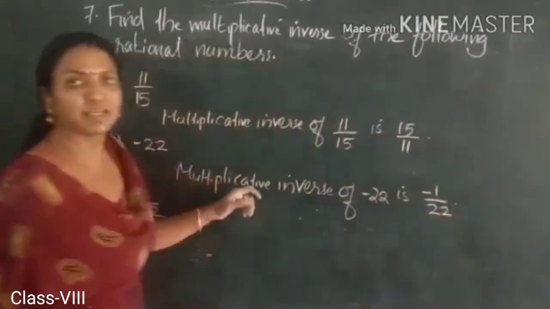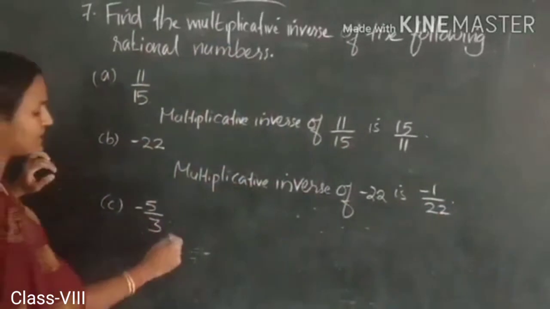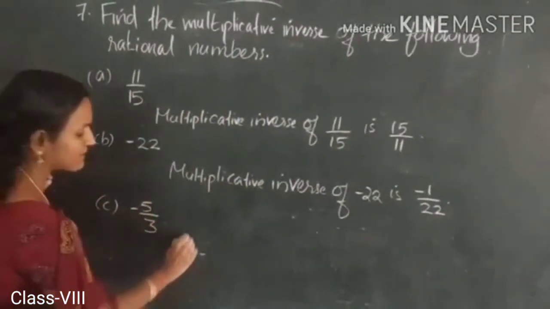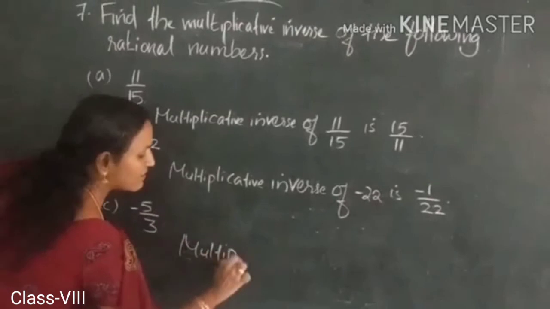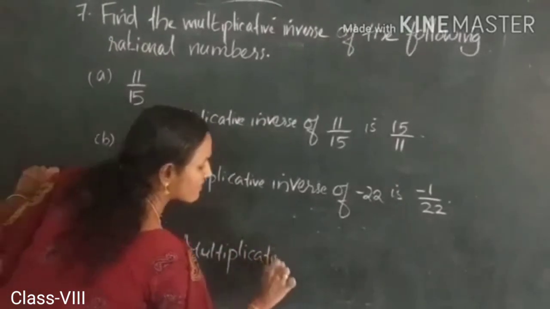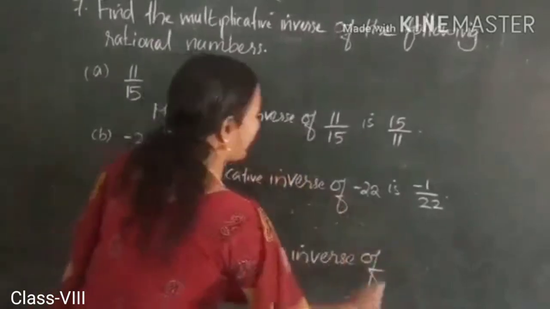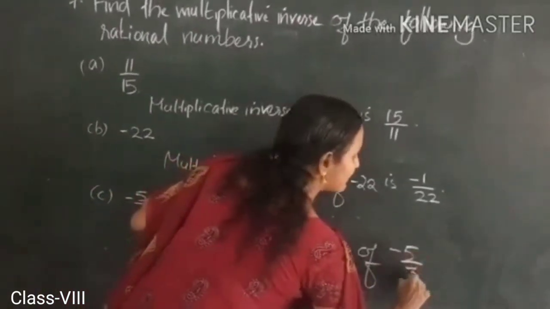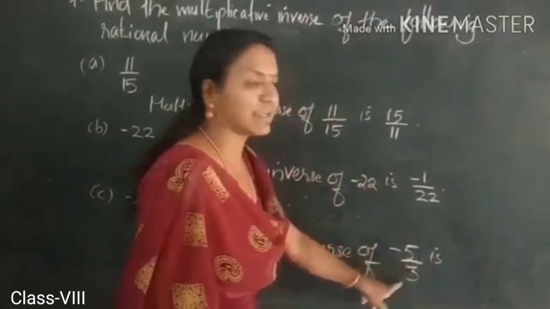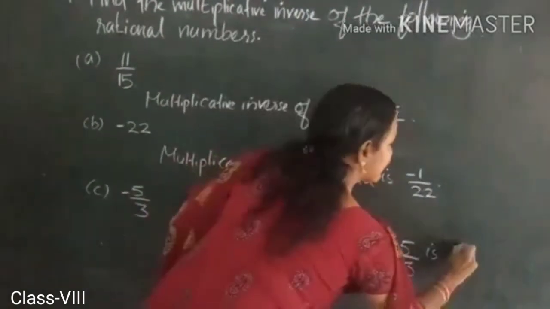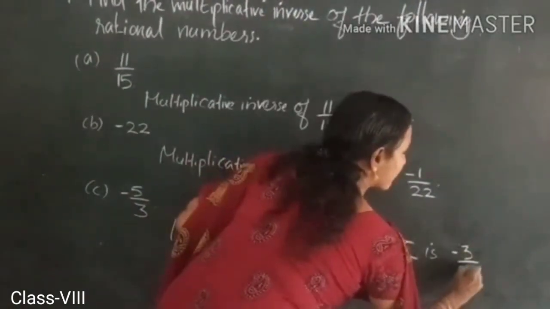The last question, minus 5 by 3. So the multiplicative inverse of minus 5 by 3 is minus 3 by 5.